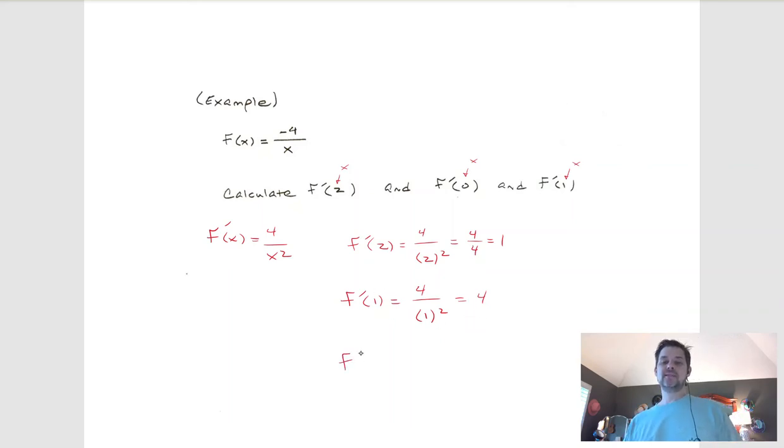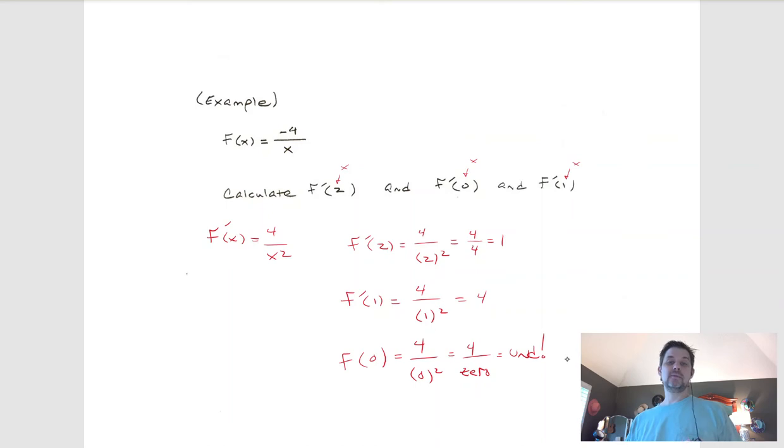And then last, this 0 right there, that's not going to work because I'll have to do 4 over 0 squared, but that's 4 over 0, and that is meaningless. It's an impossible calculation. It's undefined. I put UND as if to say undefined because I'm running out of room.